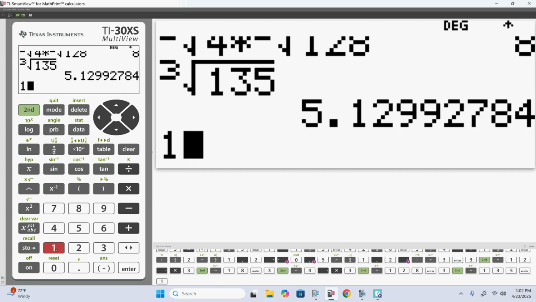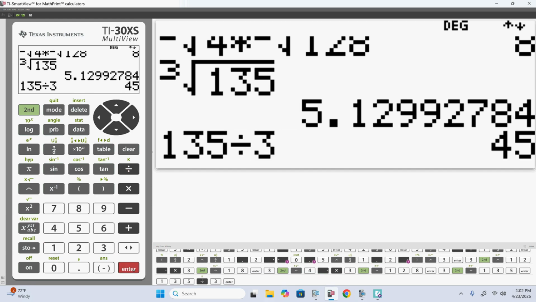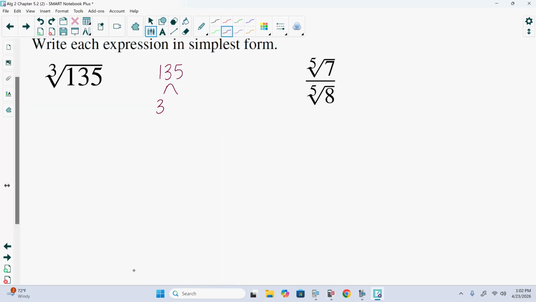And if we're not sure, I can go 135 divided by 3 is 45. Well, 45 is divisible by 3. It's 3 and 15. 15 would be 3 and 5. Telling us 135 is 3 to the third times 5.